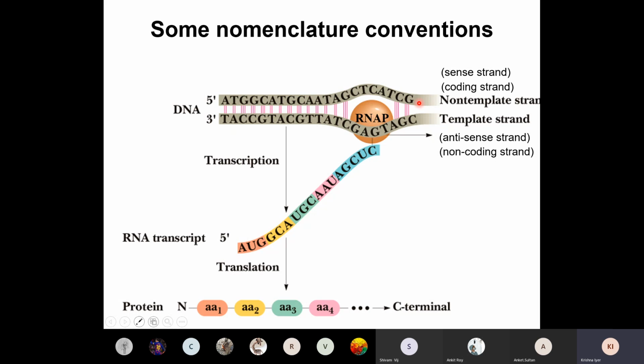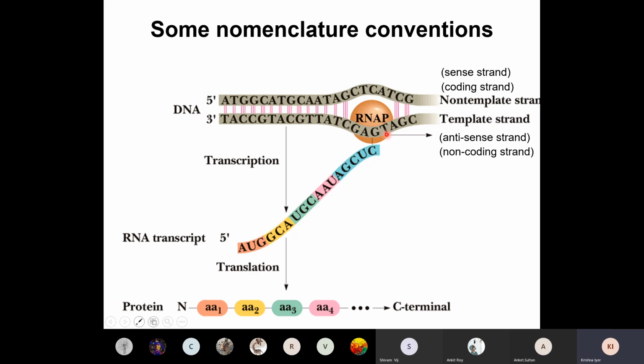And when that happens, when the RNA polymerase is going to read this and make the mRNA, then at that time this will end up becoming the template strand, and this will end up becoming the non-template. So this template and non-template is not an absolute definition. The definition of what is template and non-template is always with reference to what the RNA polymerase is doing.